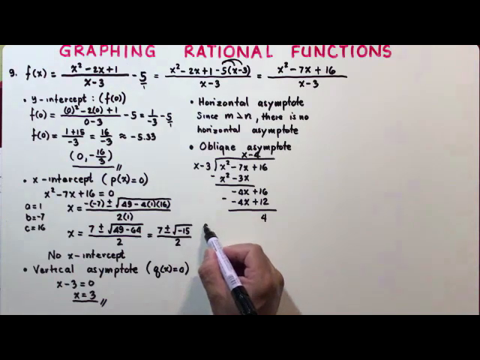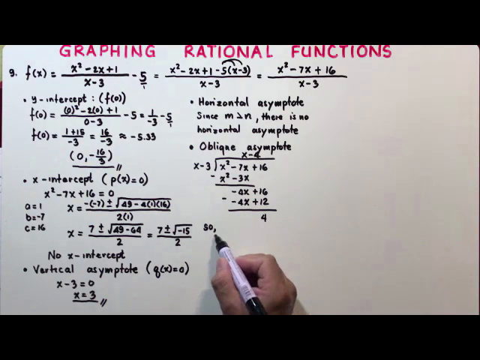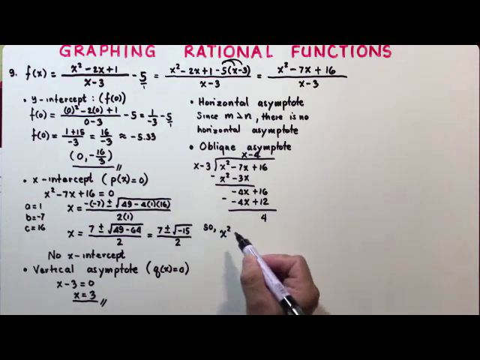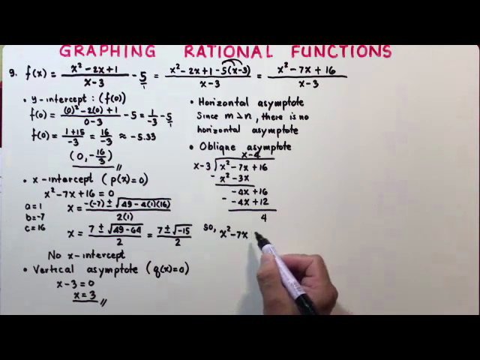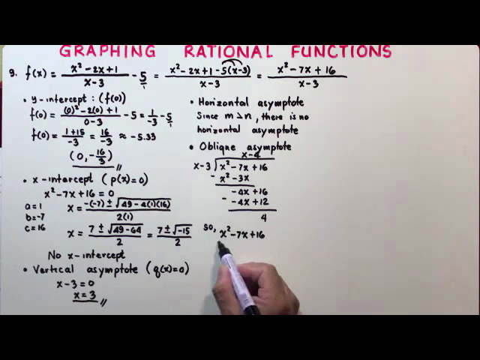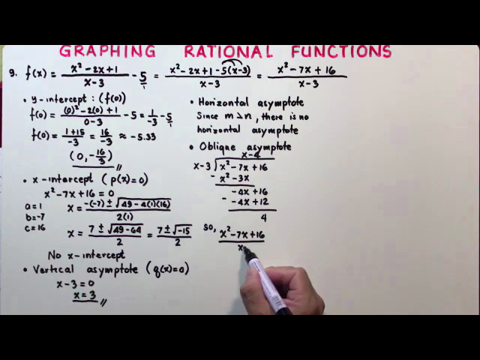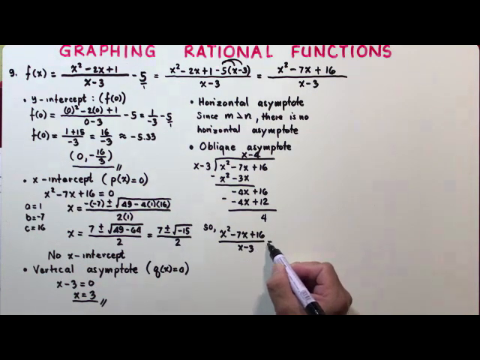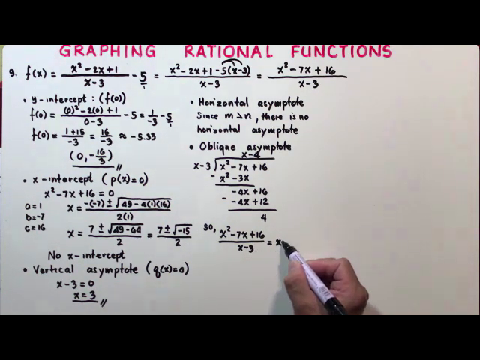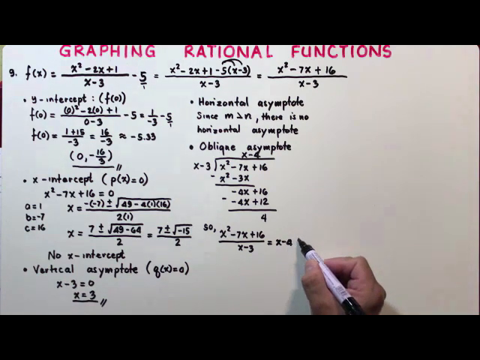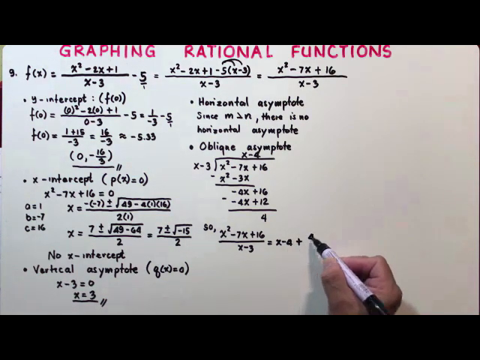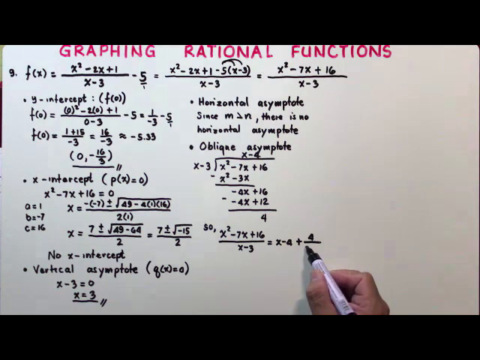So we say that when you divide x squared minus 7x plus 16 by x minus 3, the quotient is x minus 4 with a remainder of 4 here, and this will be divided by x minus 3.